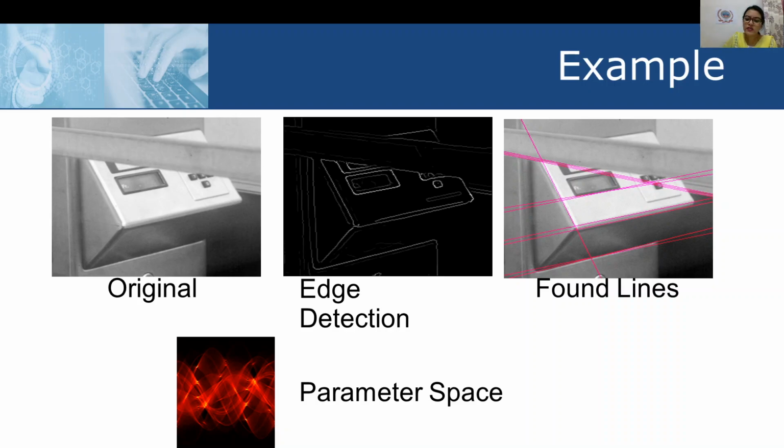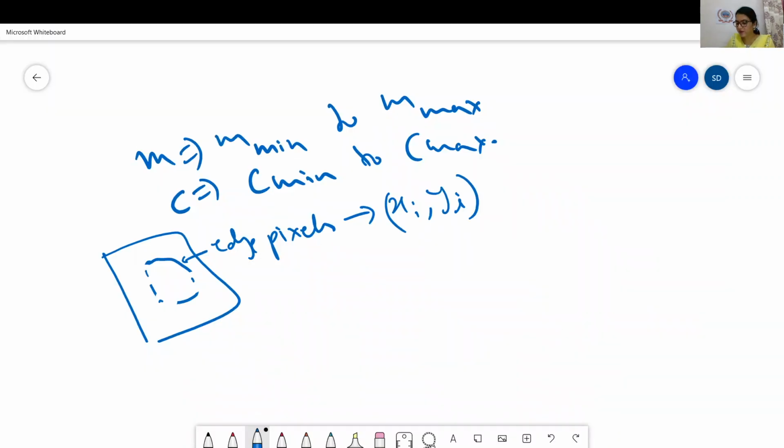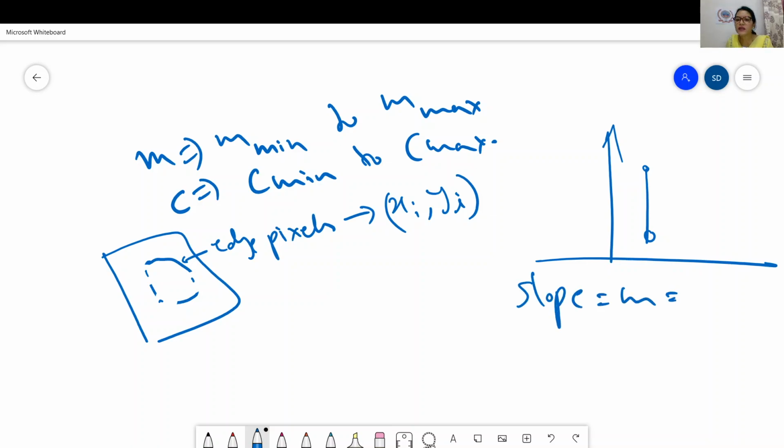So if you see the previous model, it is inadequate in representing vertical lines. In the case of a vertical line, the slope, or m parameter, becomes infinity.